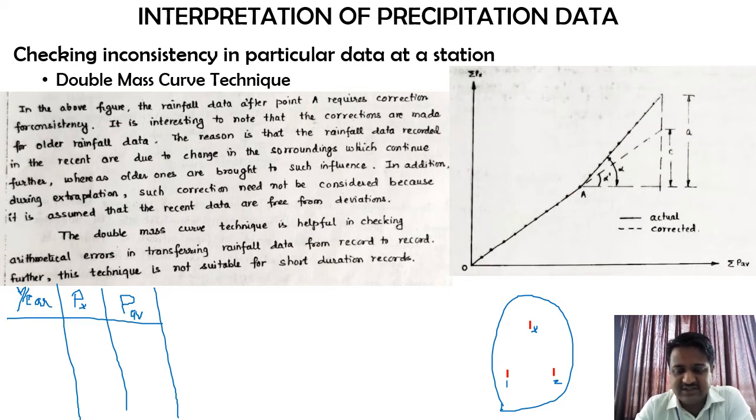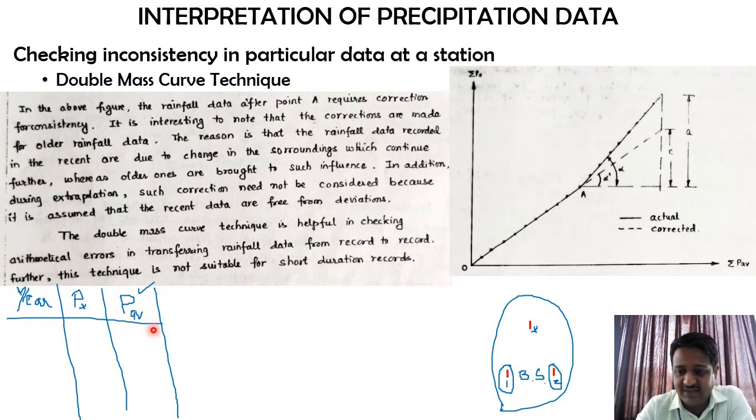Rain gauge station 1 and rain gauge station 2 together are called base stations. Based on these base stations, your P average value is going to come. If I average out the values collected by rain gauge station 1 and rain gauge station 2, that value is going to be the P average.